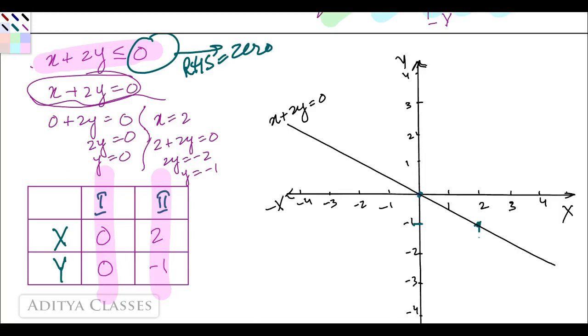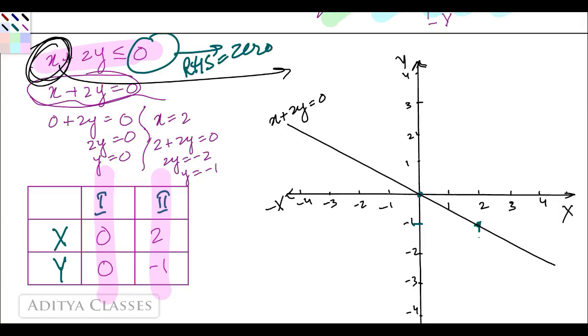Now here we have a new rule, a slightly different rule: look at the sign of x. What is the sign of x over here? Positive. So on positive x side we will be having the greater than area.